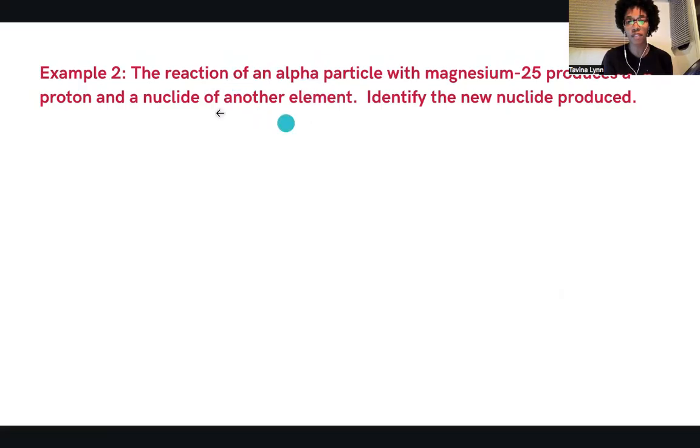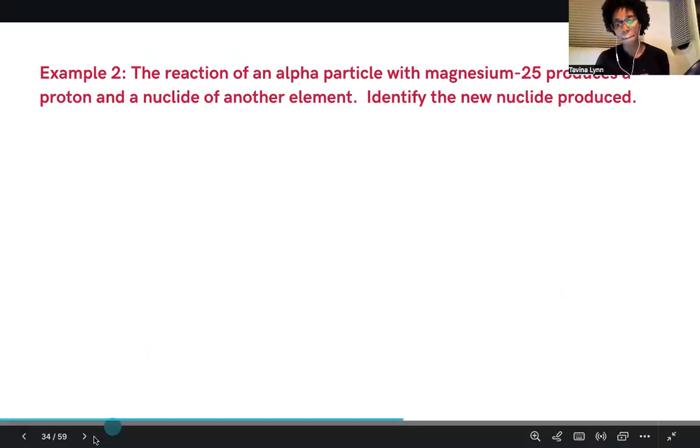This is what we're trying to figure out. You can think of it, if the math resonates, it's almost like this is what we're solving for, right? Or we could say, as a result of this nuclear reaction of magnesium 25, what new element arises from magnesium 25?